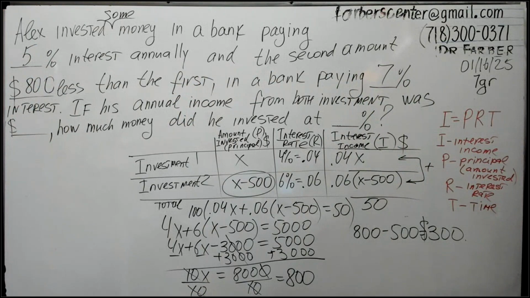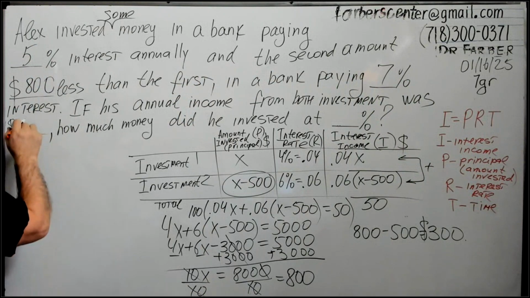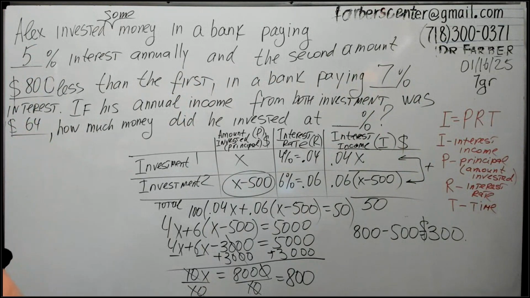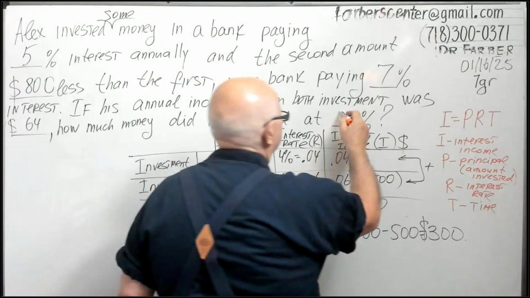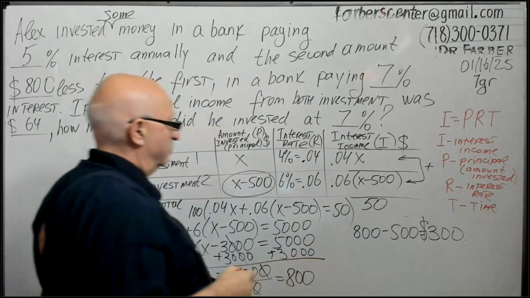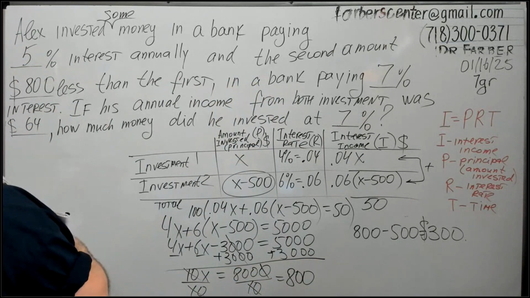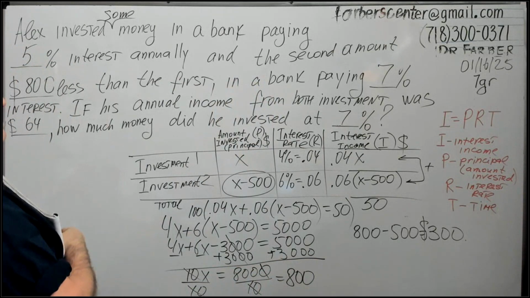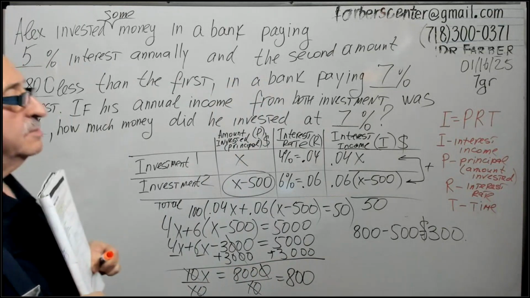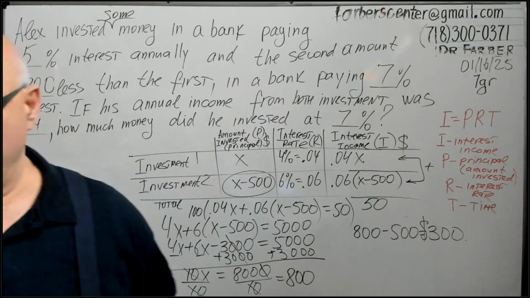And this one, $64. And 7%. Okay, good luck. Yes, I give you all these numbers. Try to use the same approach, students.